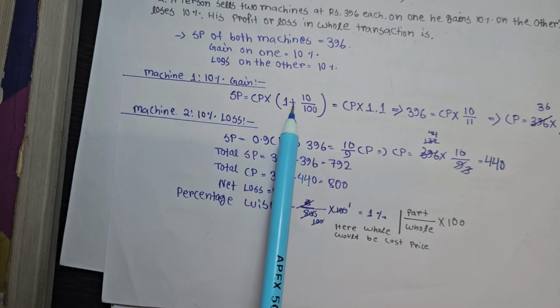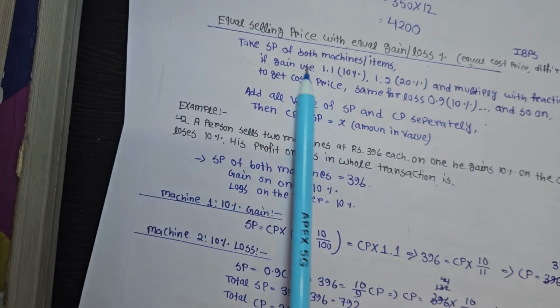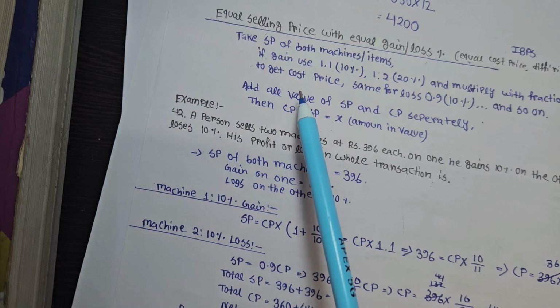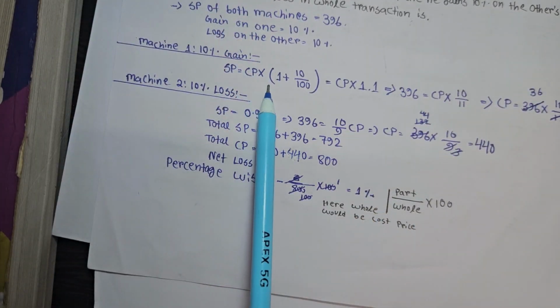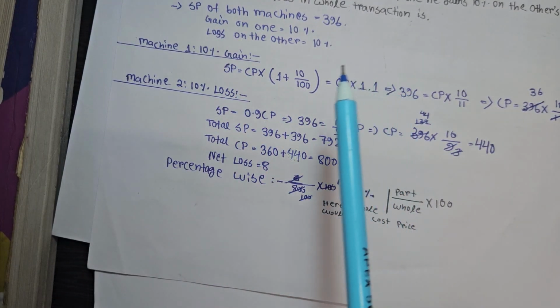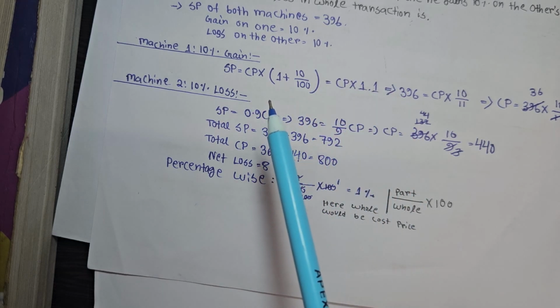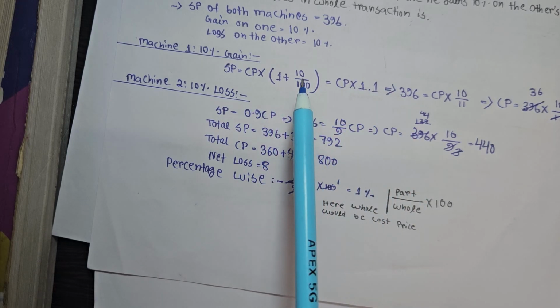As we also learned earlier, if there is a 10% gain, use 1.1. We just calculate in our head that if the profit is 15%, it would be 1.15. It is much faster.